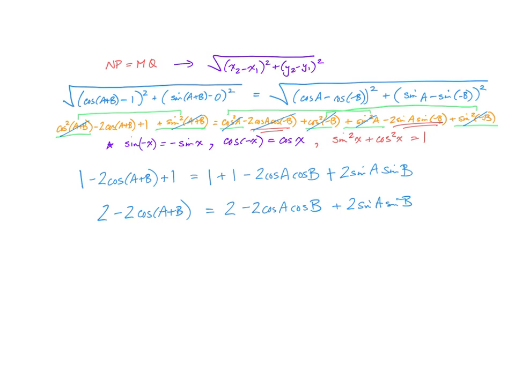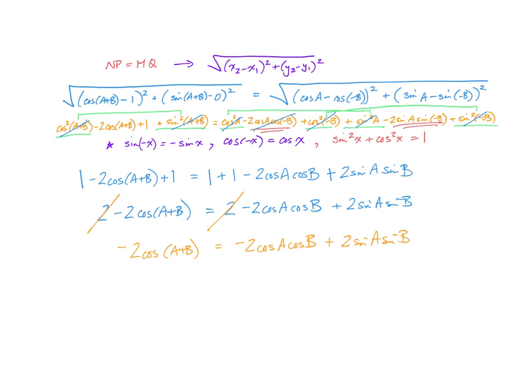Well, I can subtract a 2 off of both sides. Those will cancel out. That's nice. That at least gets me down to a negative cos a plus b equals a negative 2 cos a cos b plus 2 sine a sine b. So I'm getting there.